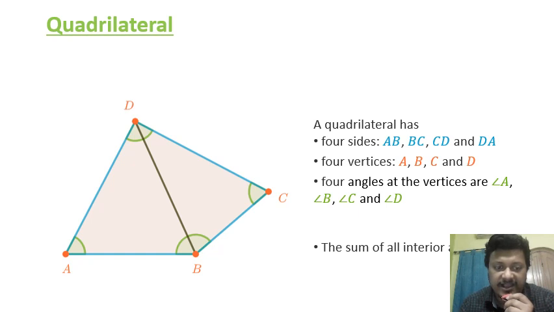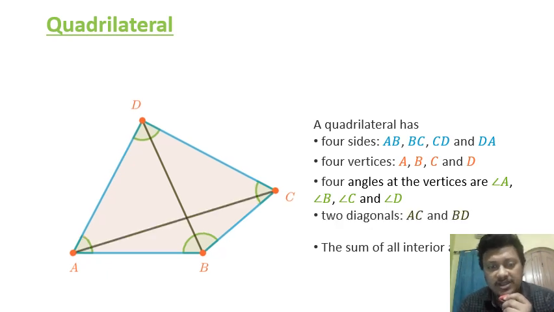The sum of interior angles of ABD is 180 degrees and the sum of interior angles of BCD is also 180 degrees. So if we add them up, the sum of the interior angles of the quadrilateral ABCD is 360 degrees.